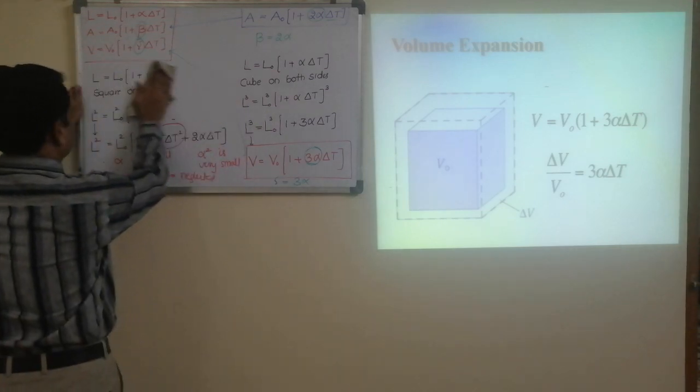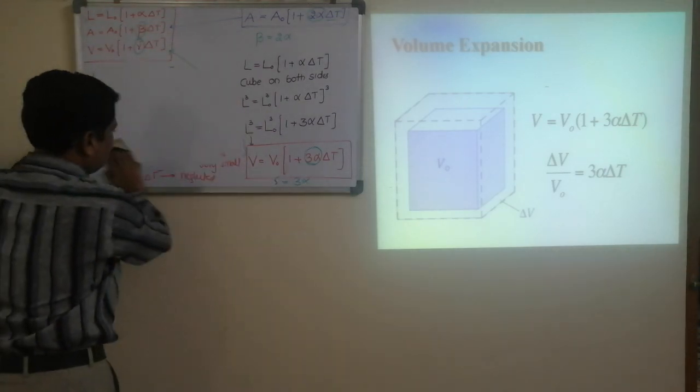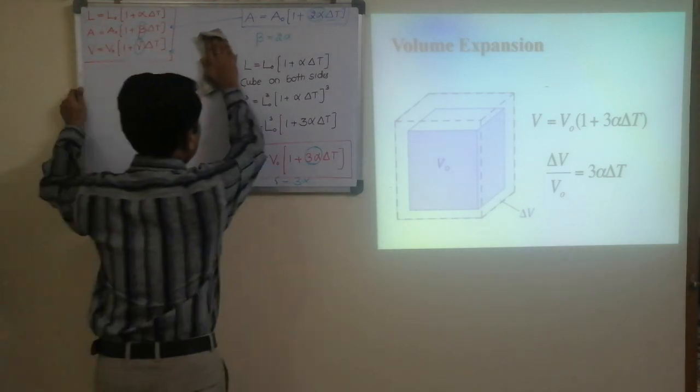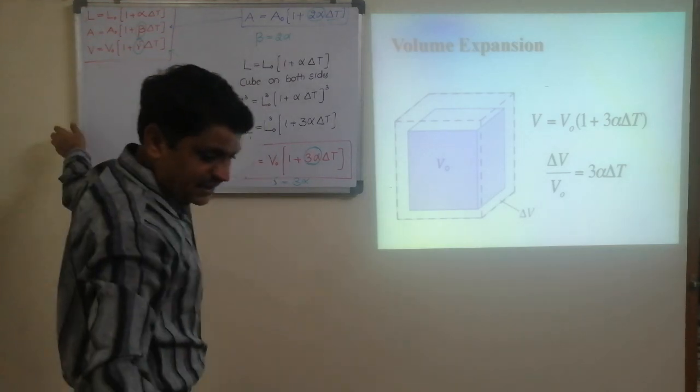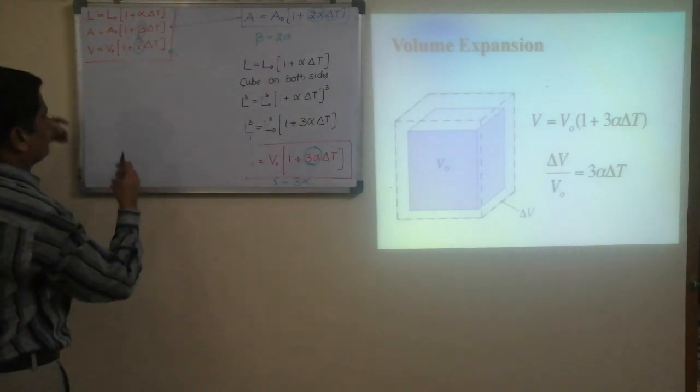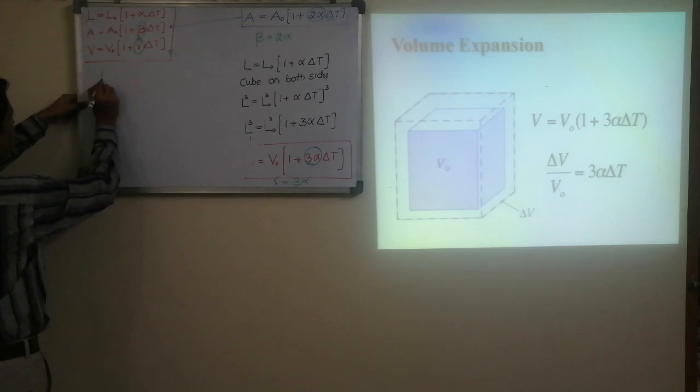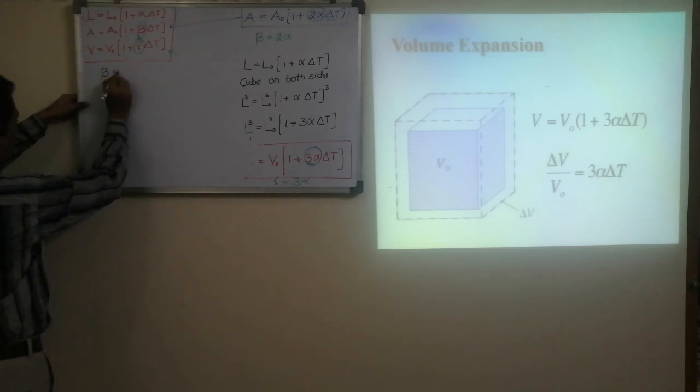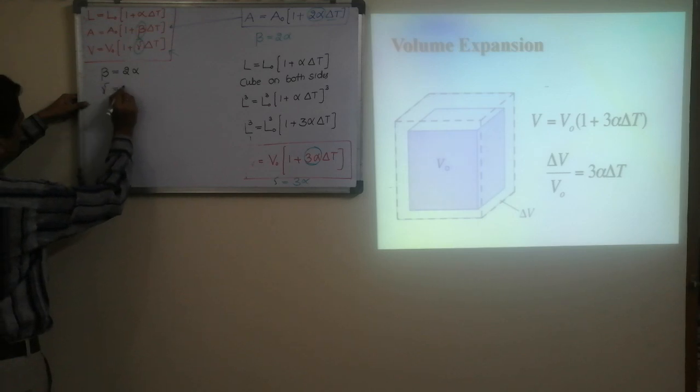Next, based on these derivations, our final conclusions are beta is equal to 2 alpha, gamma is equal to 3 alpha.